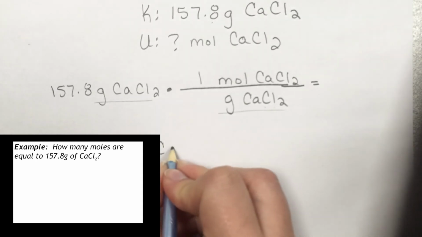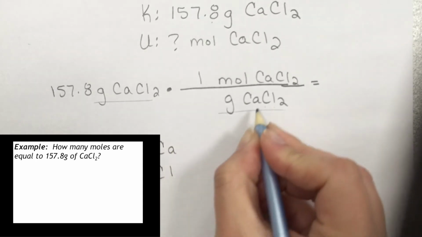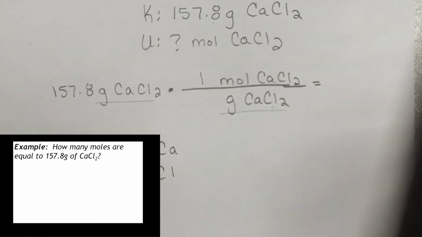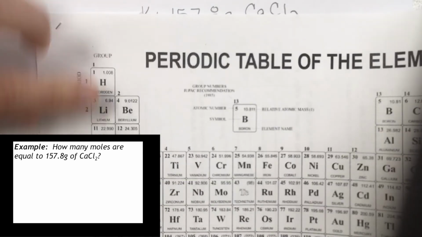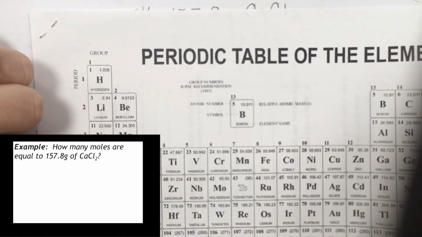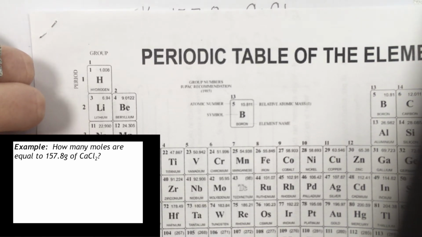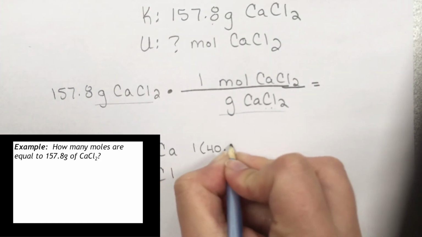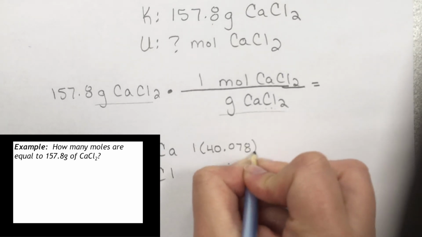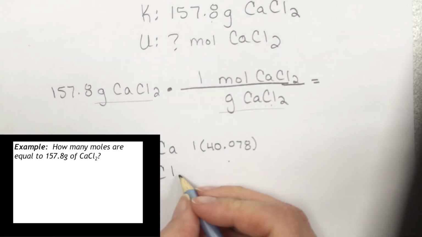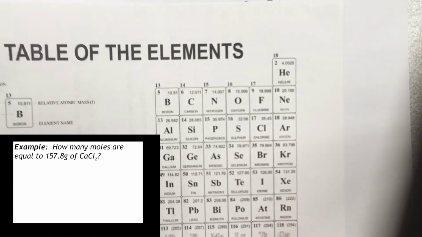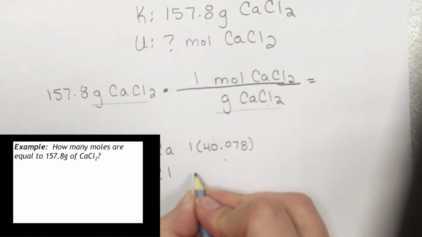You just take, we have calcium and we have chloride, okay? Calcium and chloride. So calcium on the periodic table over here, its molar mass is 40.078. We only have one of them, 40.078. And then chloride, 35.45. There's 2 of them.